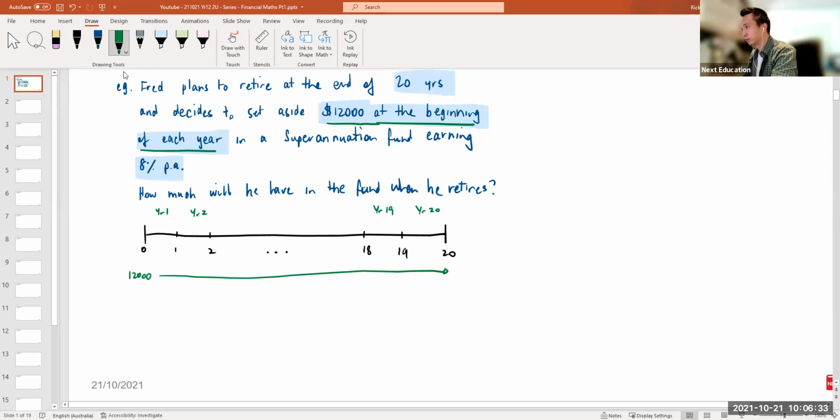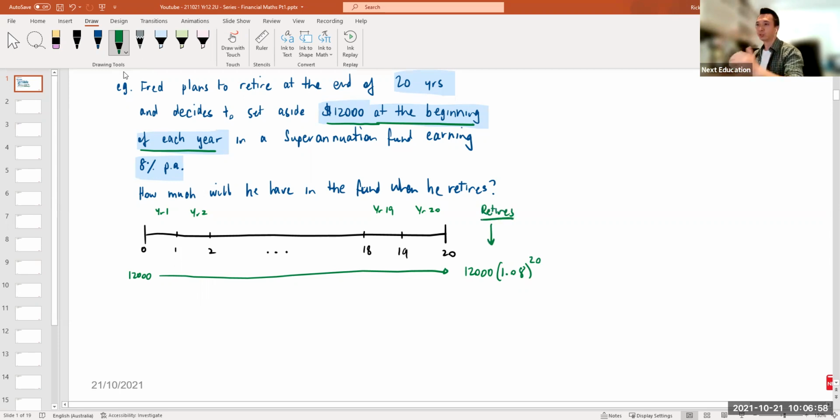So that $12,000, when he retires, becomes 12,000 times 1 plus R. So in this case, 1 plus R is 1 plus 8% to the power of 20, right? And just to be clear, at this point he retires, right?